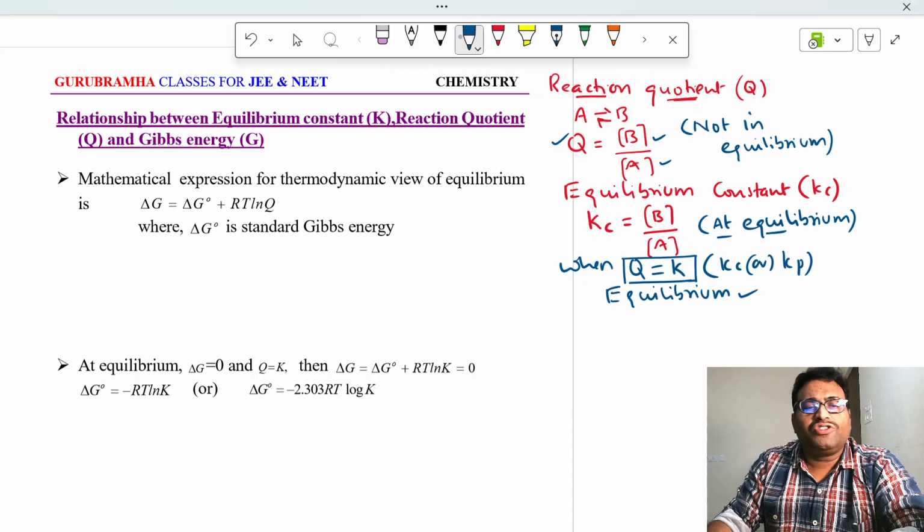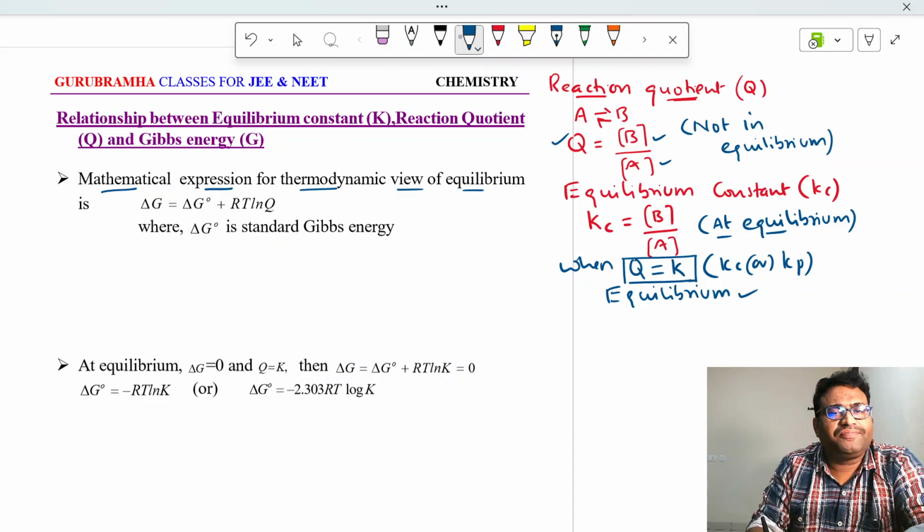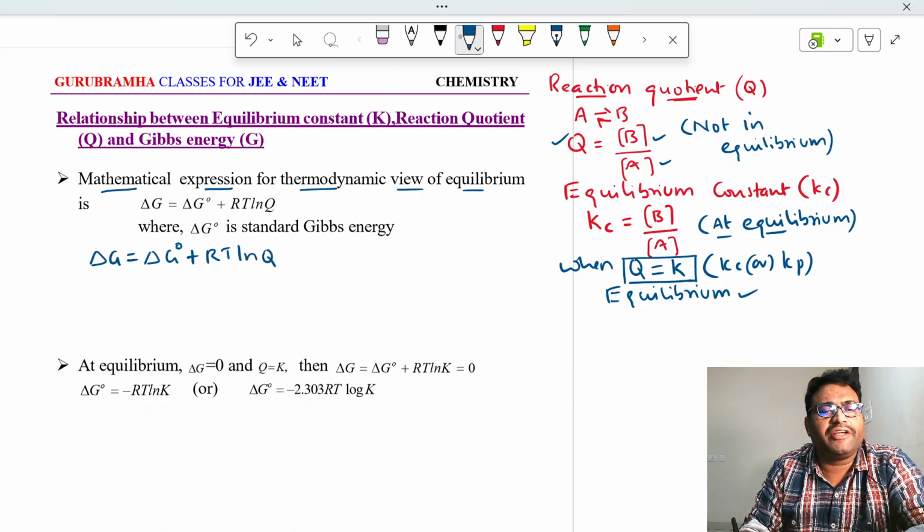From thermodynamics, the mathematical expression for the thermodynamic view of equilibrium is delta G is equal to delta G naught plus RT ln Q. Here ln x means log x base e.